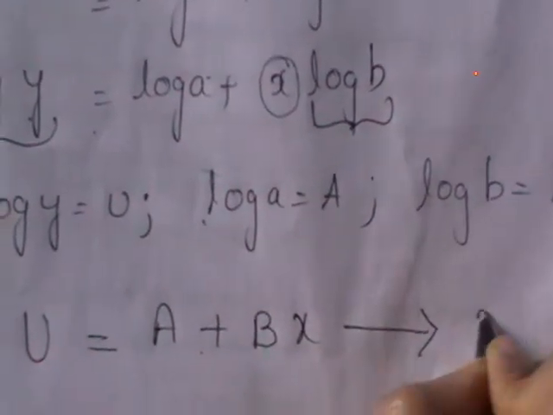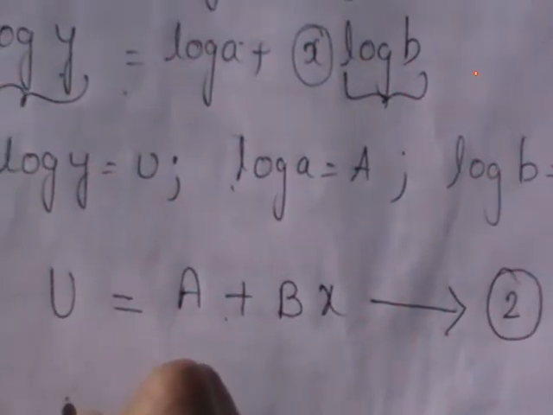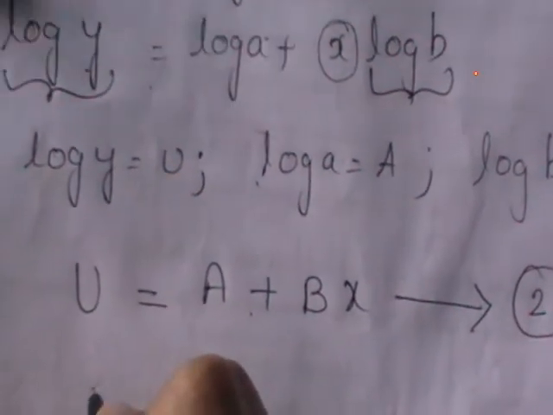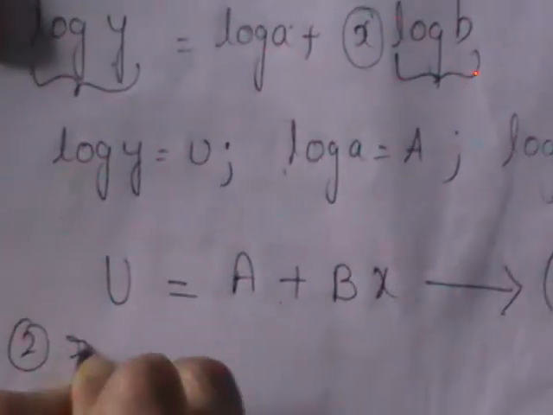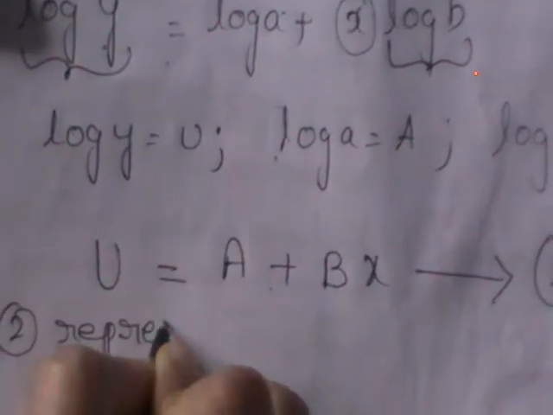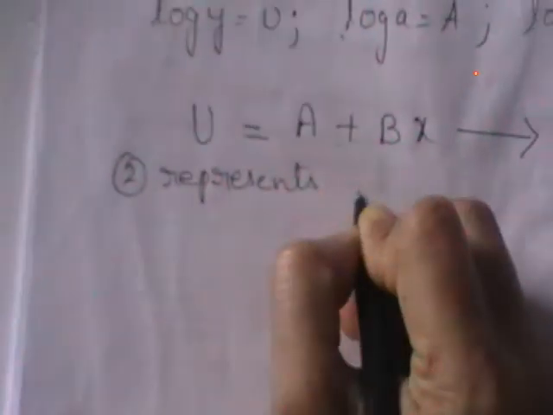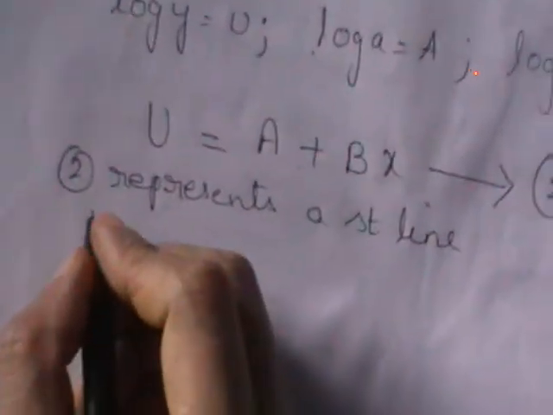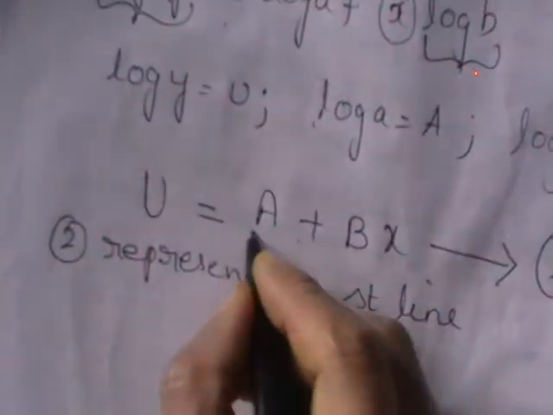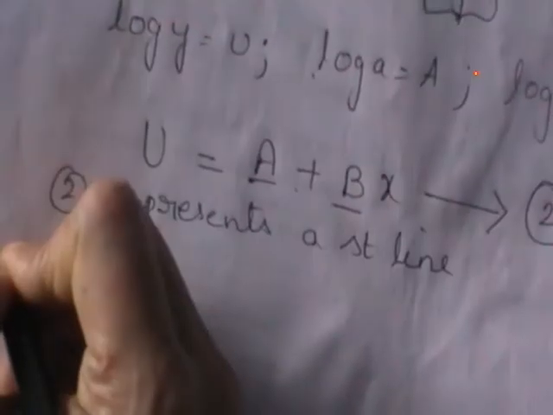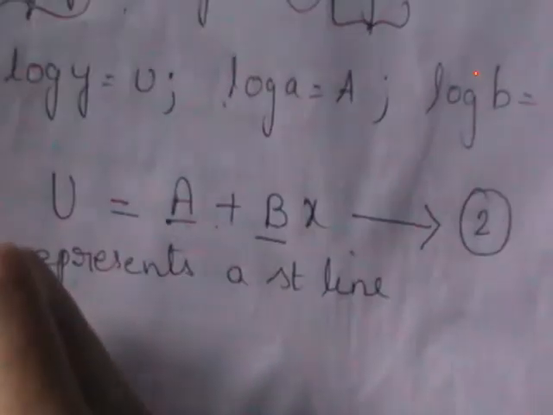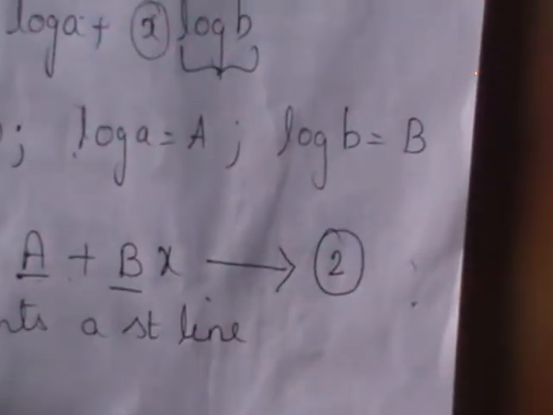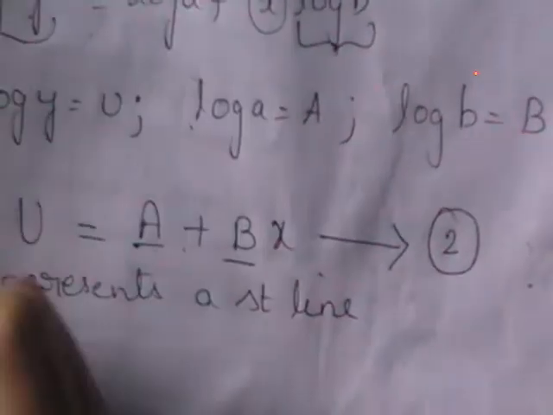I think this represents a straight line. Can we apply a PLI to this? Let us apply the principle of least squares to this. What are the constants here? Capital A comma capital B are the constants. By writing the normal equations, first we calculate capital A comma capital B, then small a comma small b.